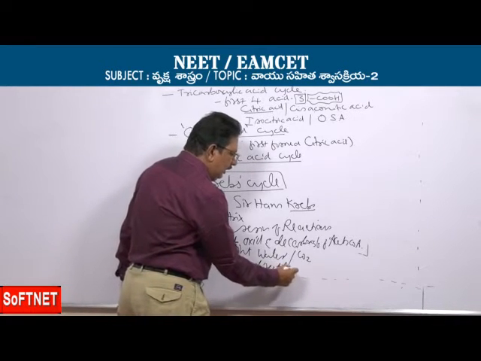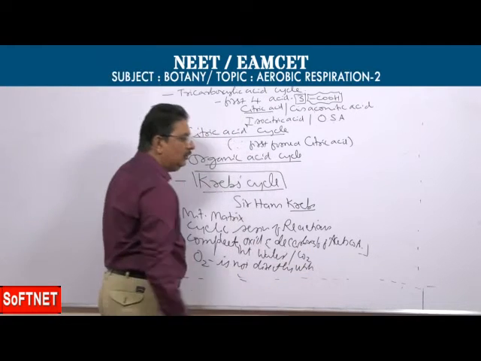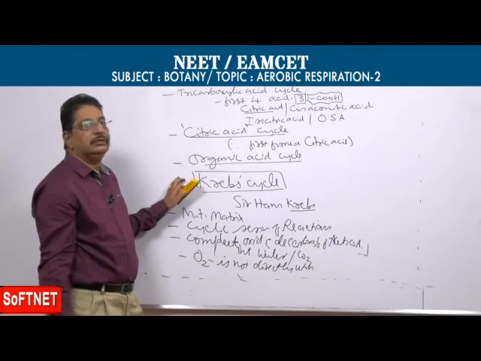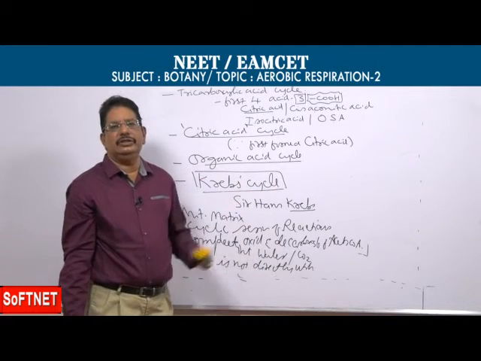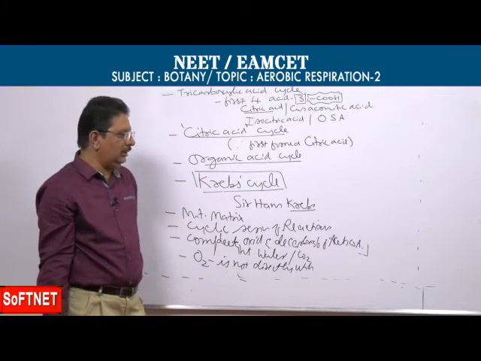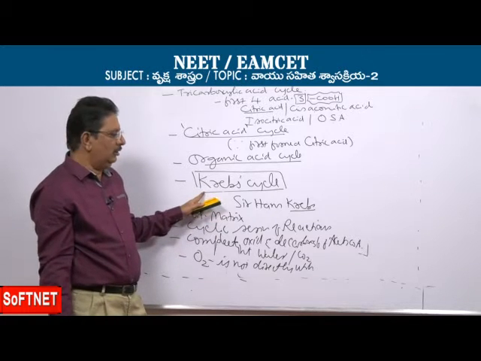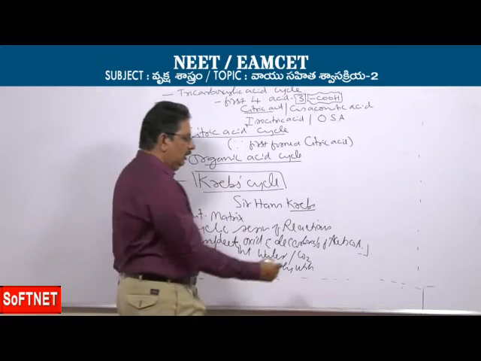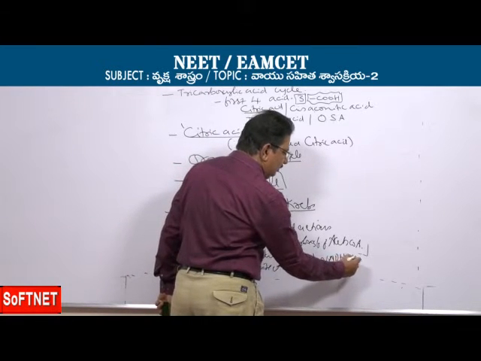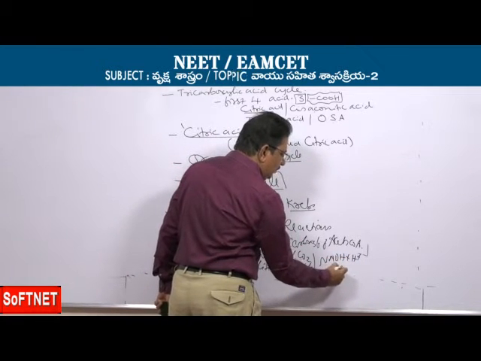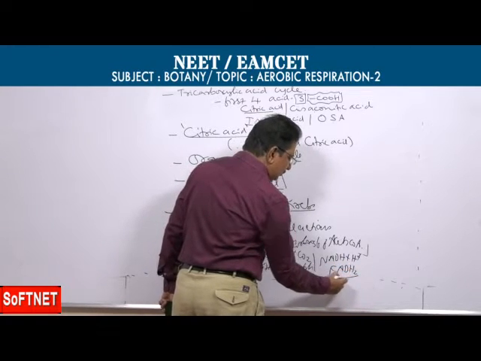There is no direct utilization of oxygen during the Krebs cycle, but the glucose energy is very much liberated during the Krebs cycle, and that is stored in NADH plus H plus and also FADH2s.